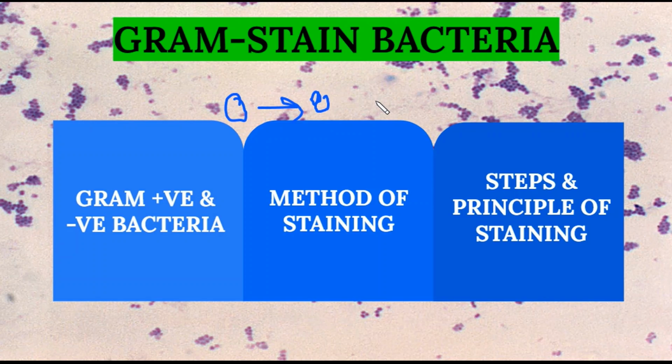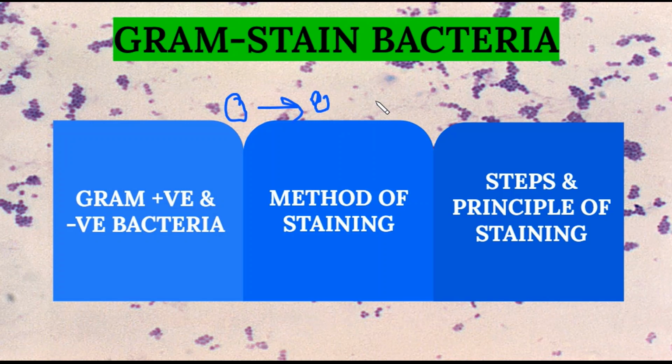So what basically happens here is gram staining primarily detects peptidoglycan. As I told you, the major difference between gram positive and negative is the ratio of peptidoglycan. So it detects the peptidoglycan which is present in a thick layer in gram positive bacteria.